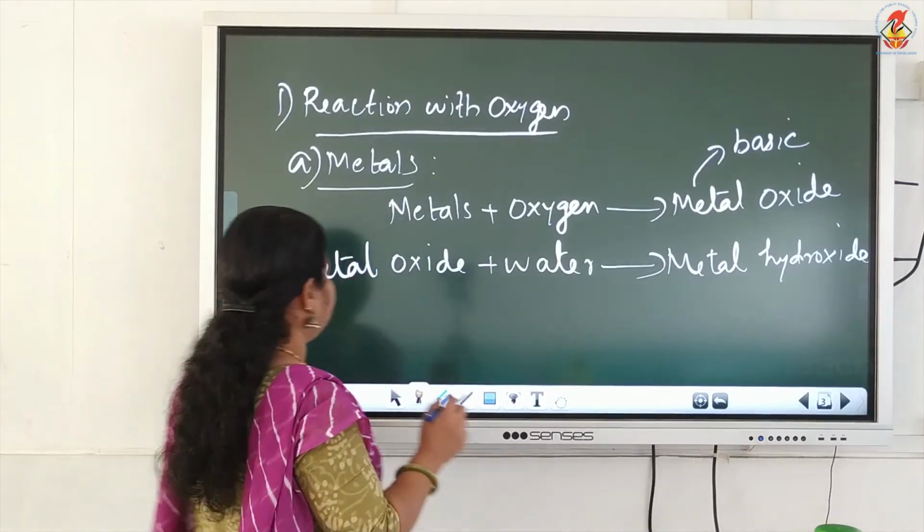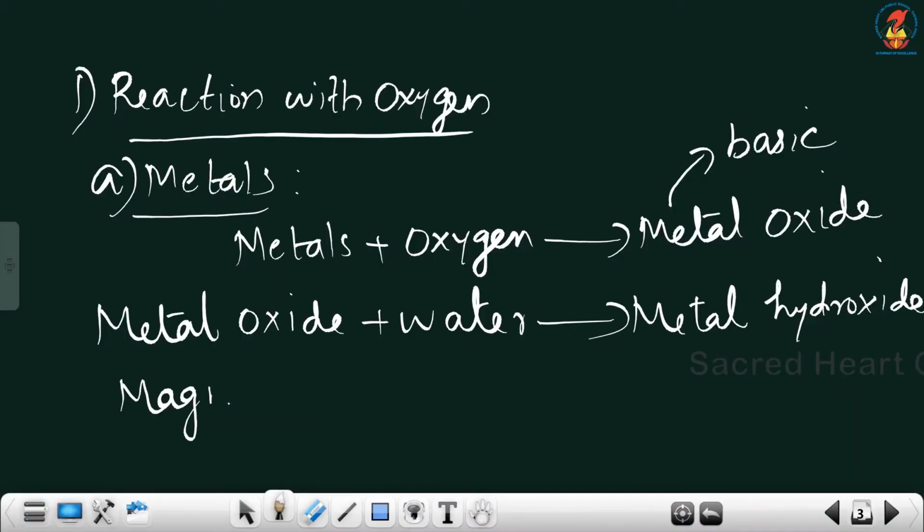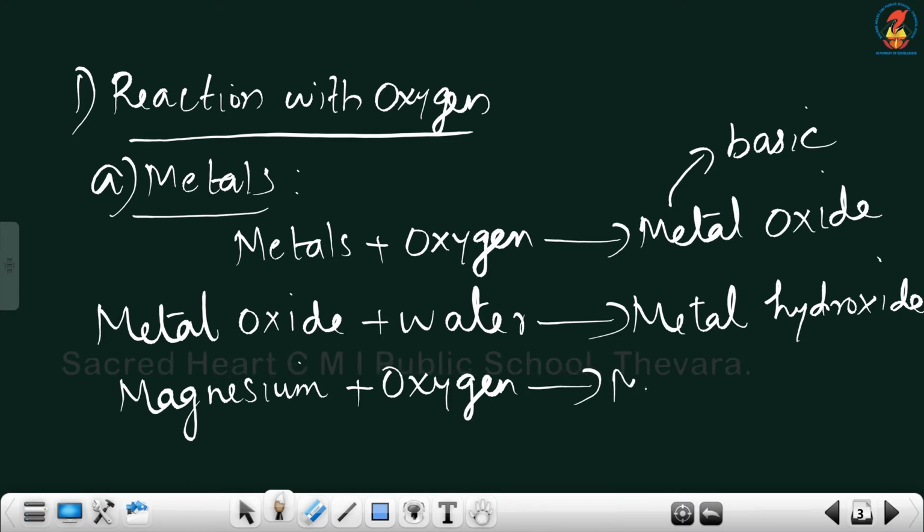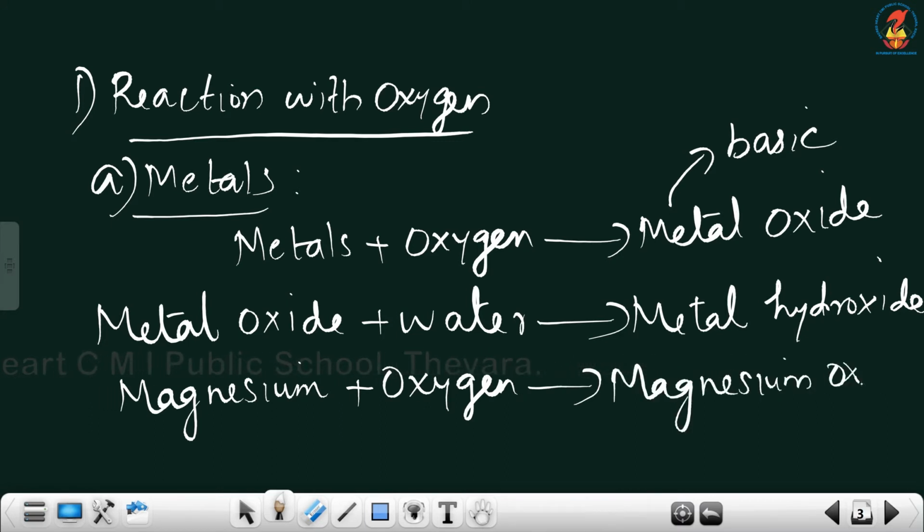For example, consider the metal magnesium. This reaction is familiar to you. A magnesium ribbon is taken and it is burned. It burns in oxygen. When it burns, it combines with oxygen of the air. You get a white powder of magnesium oxide. Same reaction we have learned in 7th standard.